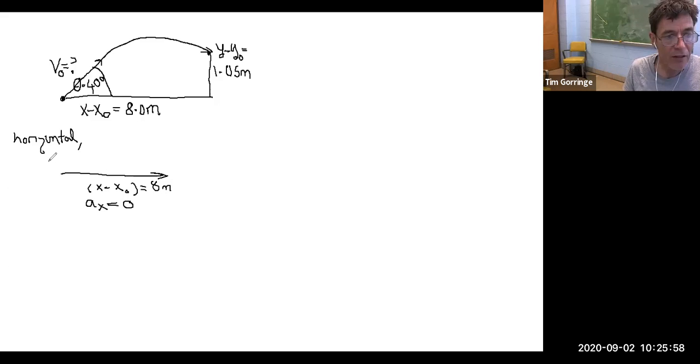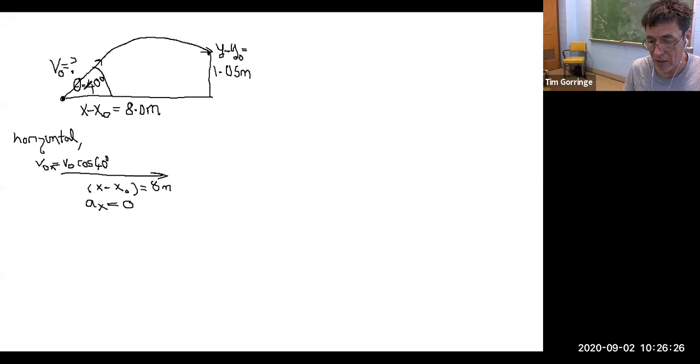We don't know the initial horizontal velocity because we don't know the initial velocity. But we do know that the initial horizontal velocity is the initial velocity times the cosine of 40 degrees.